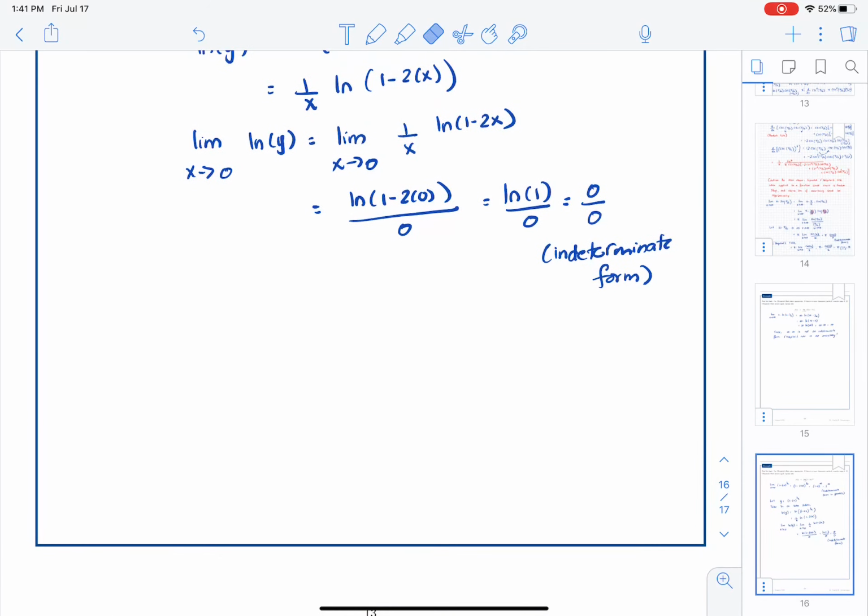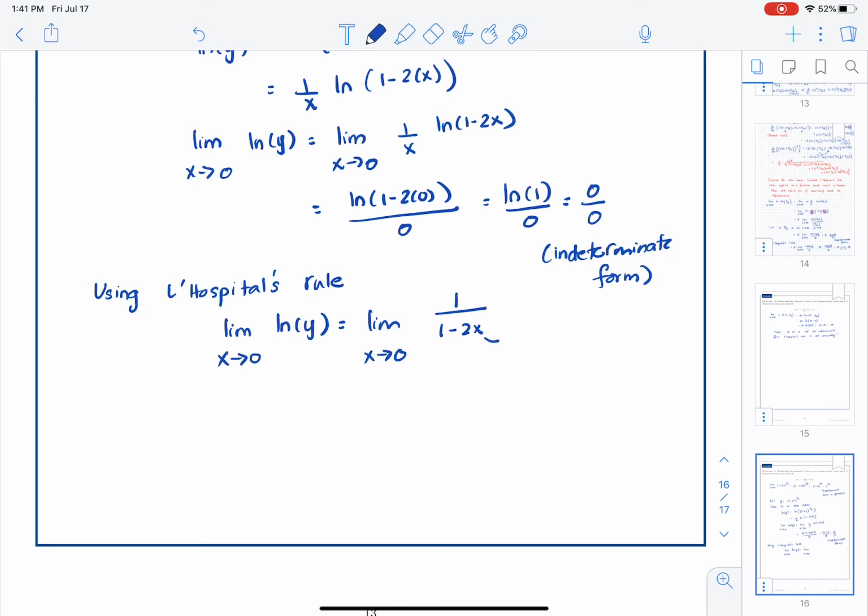So, using L'Hopital's rule, the limit as x approaches 0 of ln of y equals the limit as x approaches 0 of the derivative of ln of 1 minus 2x, which is 1 over 1 minus 2x multiplied by minus 2, chain rule, divided by the derivative of x, which is simply 1.